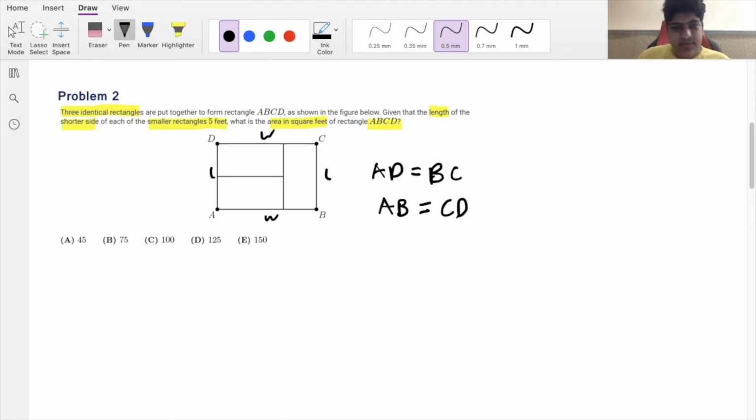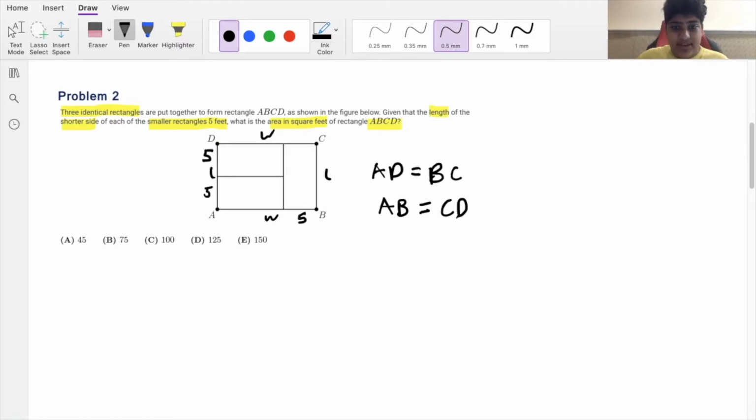Because of that, we already know that the shorter side is 5. So this is 5, this is 5, and this is 5. Okay? So now we have 3 sides that we know.